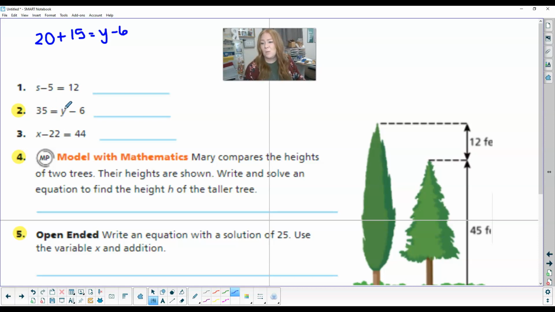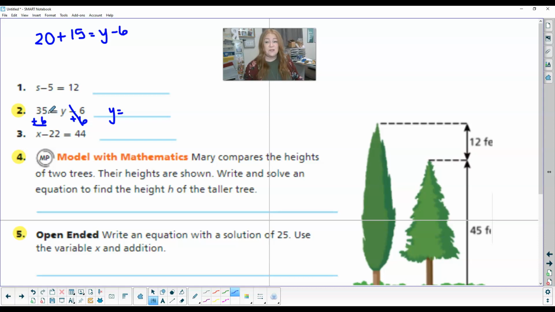Okay, so we want to get y by itself here. So it doesn't matter which side it's on, we still want to get it by itself. Minus 6, so I have negative 6, so I need to cancel it out to 0. So I do the opposite, which is to add 6. So that side cancels out, and now I need to add 6 on this side. So now I can see that y equals 35 plus 6 will tell you your answer.